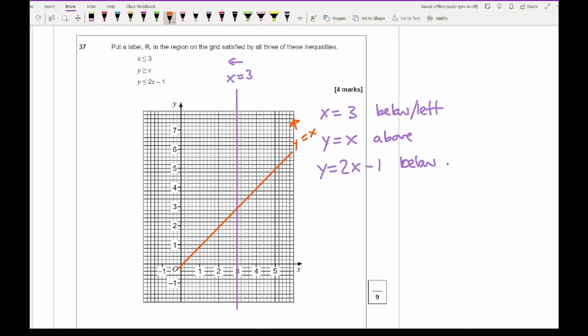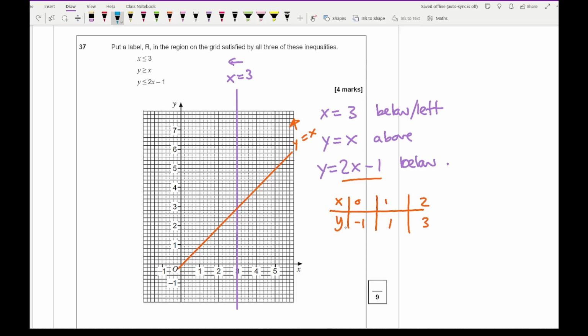And then the last line for me to draw is 2x minus 1. If I quickly do a table of values, use three small numbers, and then substitute x into this formula. So 2 times 0 is 0, take away 1 is minus 1. 2 times 1 is 2, take away 1 is 1. And 2 times 2 is 4, take away 1 is 3. So plotting those points, let's use blue.